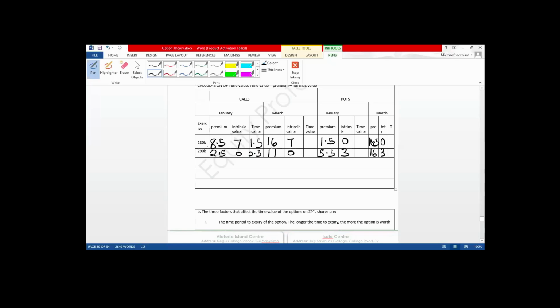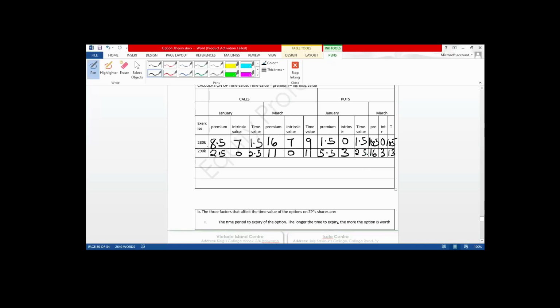Come to March. 16 minus 7, 9. 11 minus 0, 11. Come to put. 1.5 minus 0, 1.5. 5.5 minus 3, 2.5. 10.5 minus 0, 10.5.